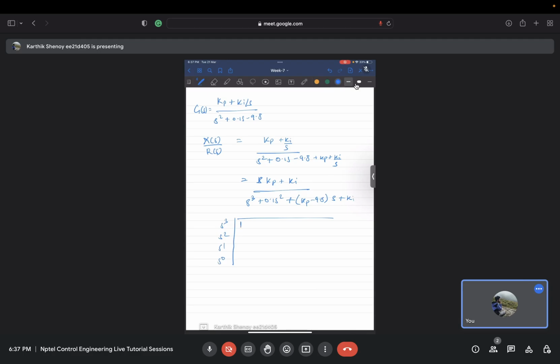So 1, 0.1, Kp minus 9.8, Ki. This term I'll call A, equal to 0.1 Kp minus 0.98 minus Ki divided by 0.1. So that is the same as Kp minus 9.8 minus 10 Ki, correct?